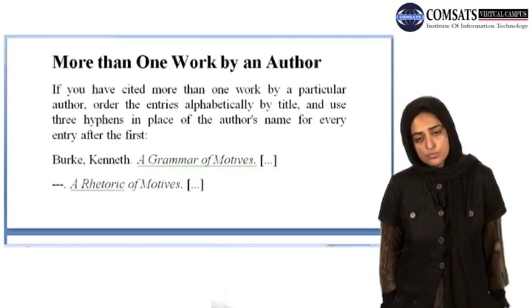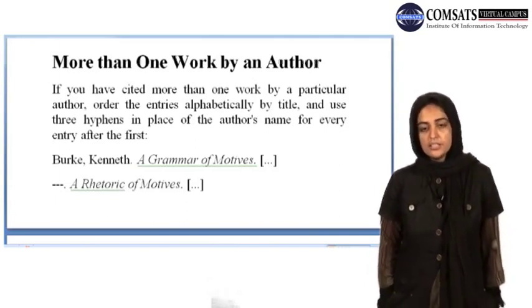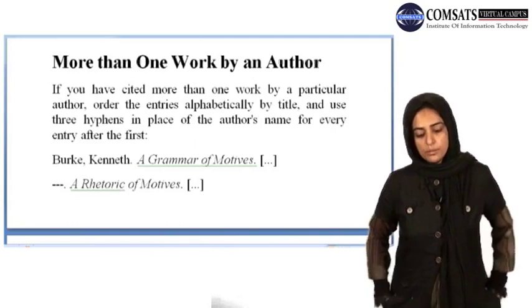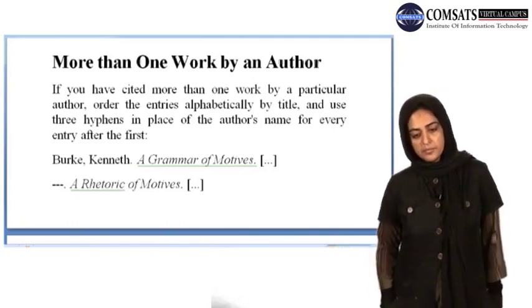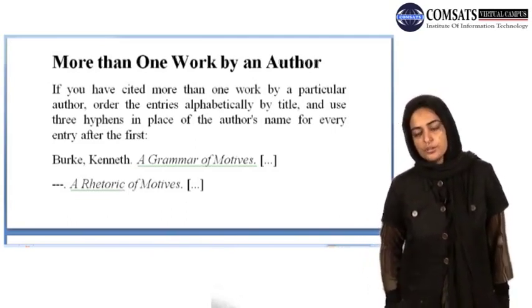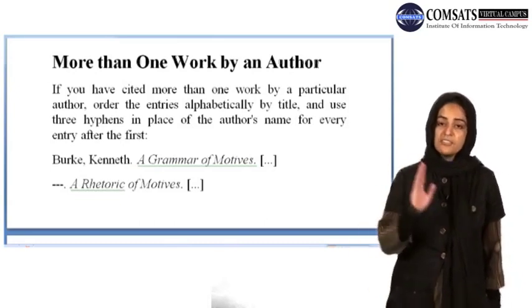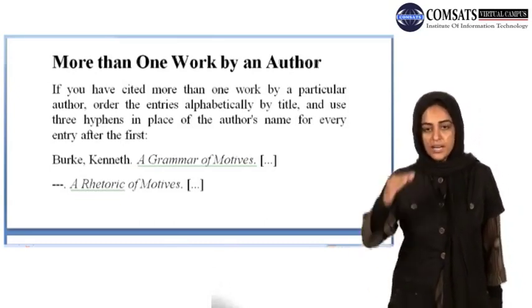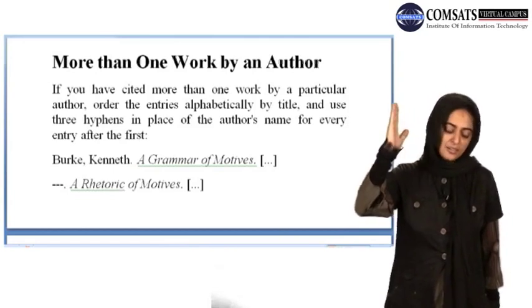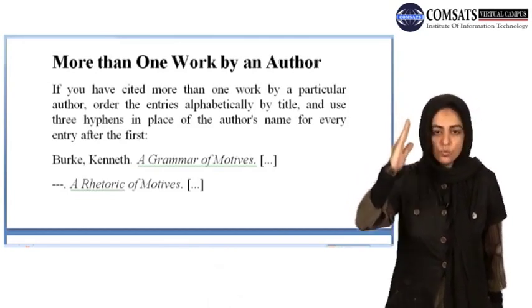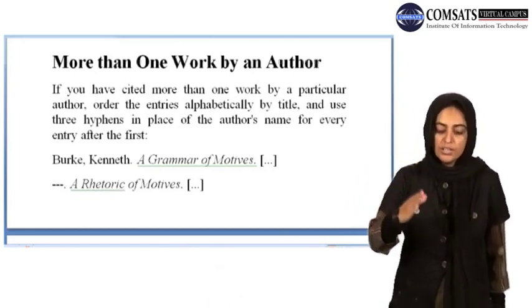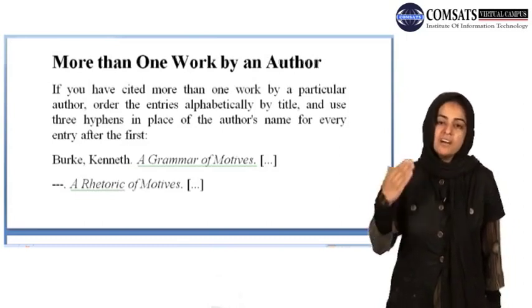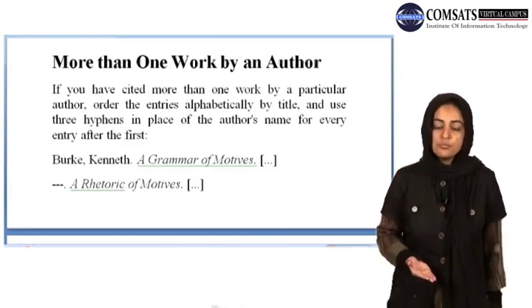Are there some simplification procedures existing? Yes, you are having one option. For example, the name of the author is Kenneth Burke, and in the reference it is Burke Kenneth. Now you are quoting more than one work, or more than 3 works, or more than 5 articles of Kenneth Burke.